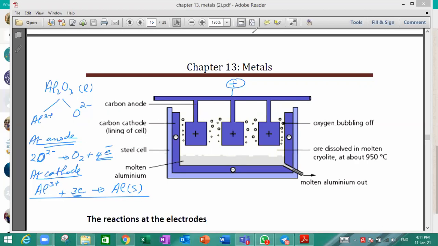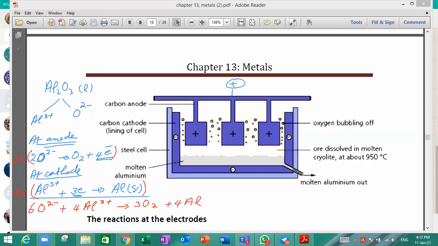That's why we have to multiply the first equation by 3 and the second equation by 4 to get the overall total reaction, where 6 oxide ions will react with 4 aluminium ions to form 3 oxygen gas plus 4 aluminium metal.